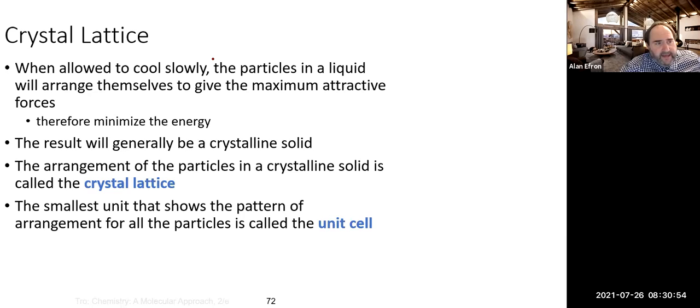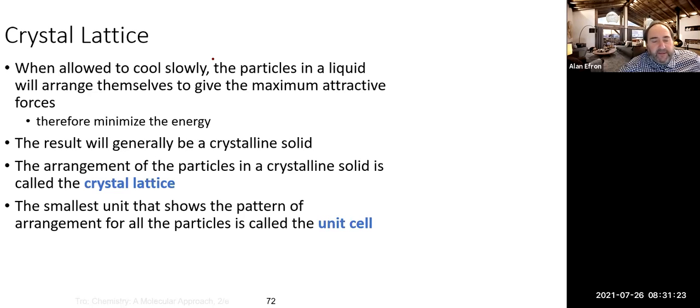As with everything in chemistry, the goal is lower energy. Arranging everything to maximize attractive forces also lowers the overall energy of the substance, which is usually a more stable state.